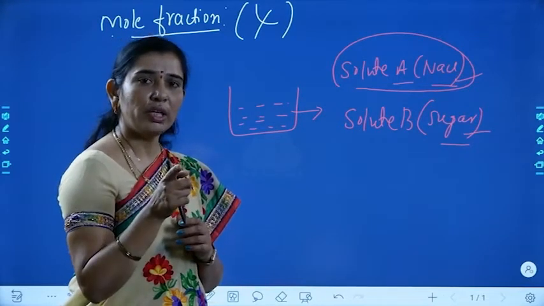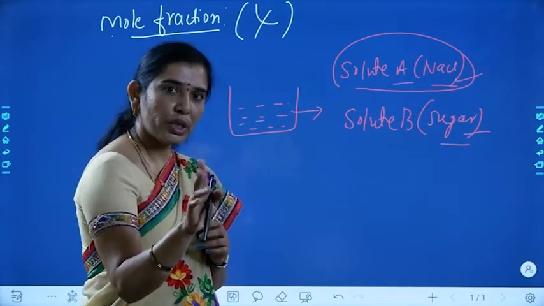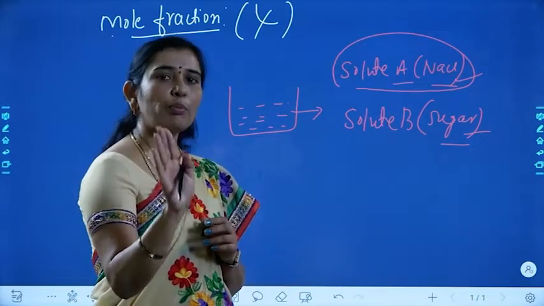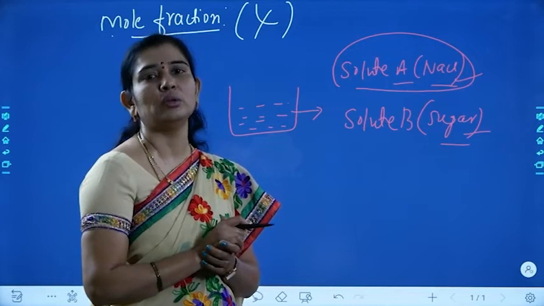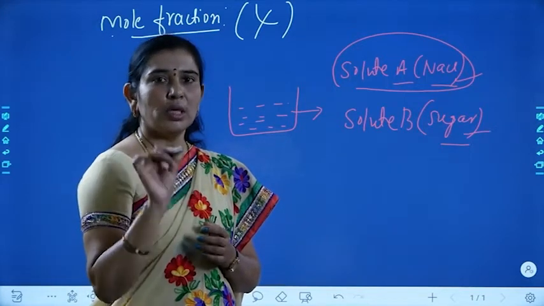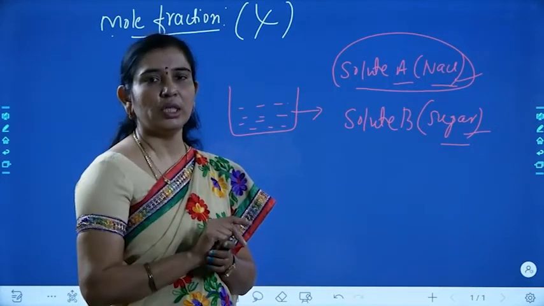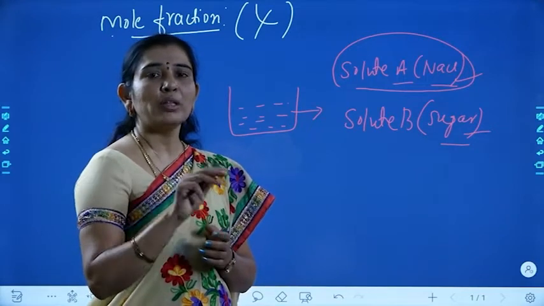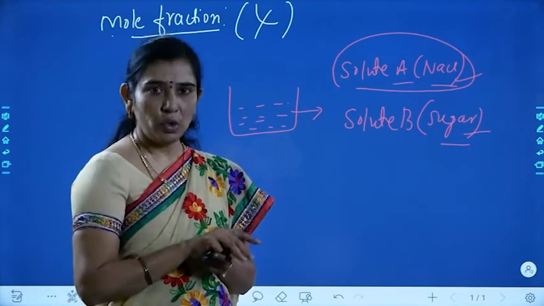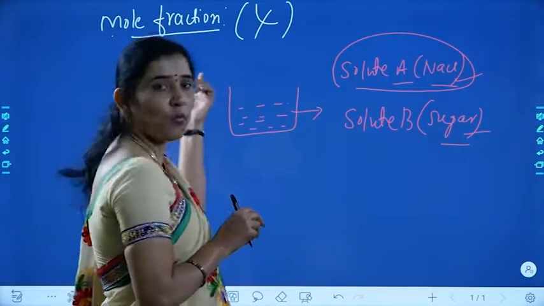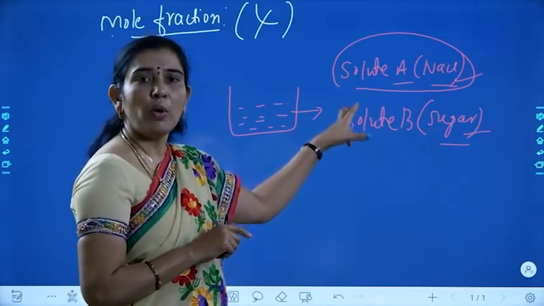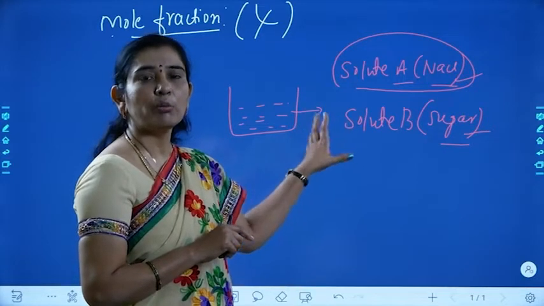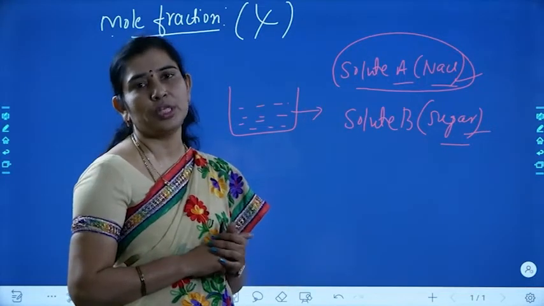If the solution contains only one type of solute, then you can use molarity or molality. Suppose the solution contains more than one different solute, then you have to go for mole fraction to determine the amount of each individual component present in the solution.